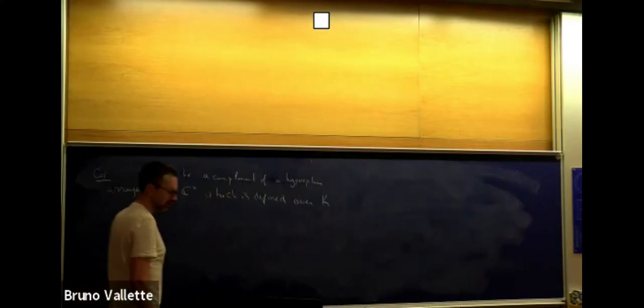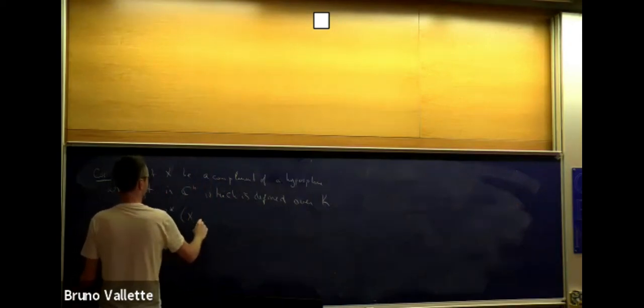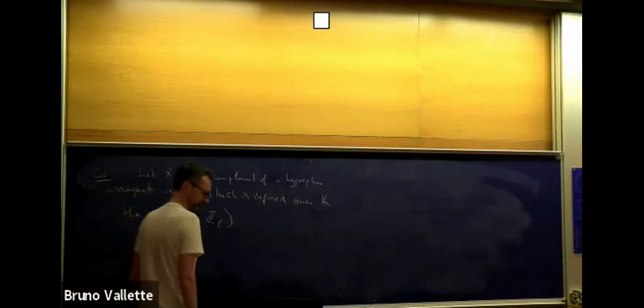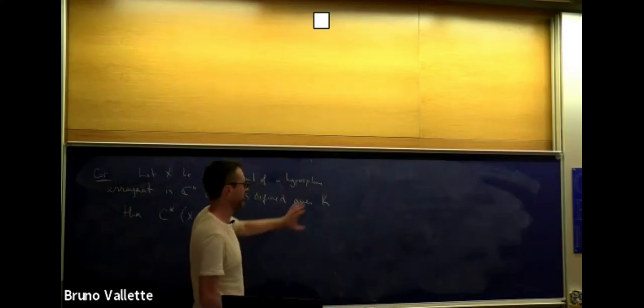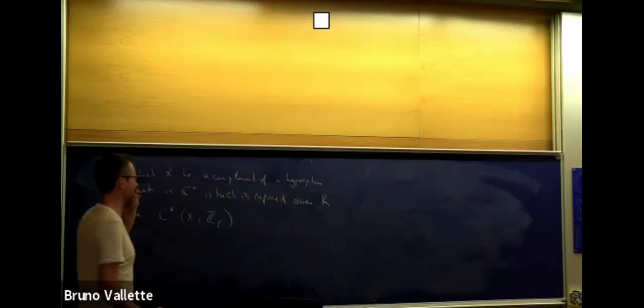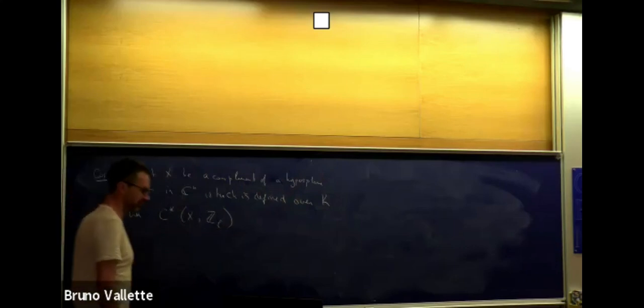Then I can take the cochain algebra of X with Z_l coefficients. What I like about this is that it's actually an integral statement, it's not over F_l anymore.